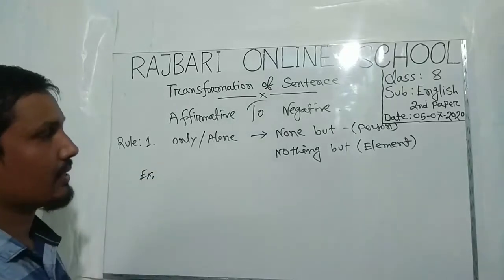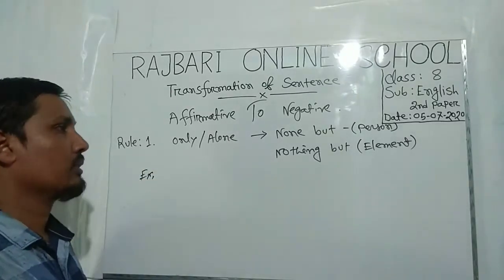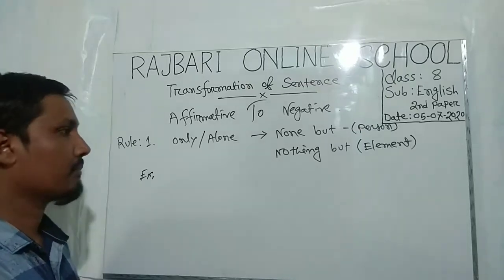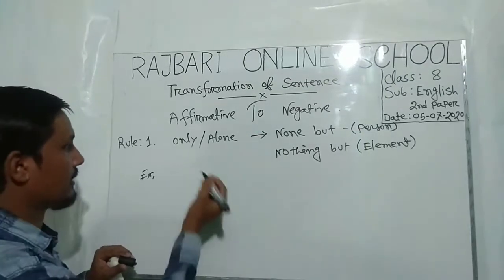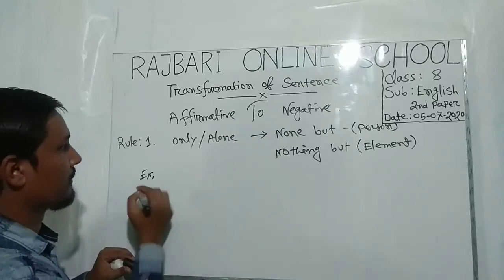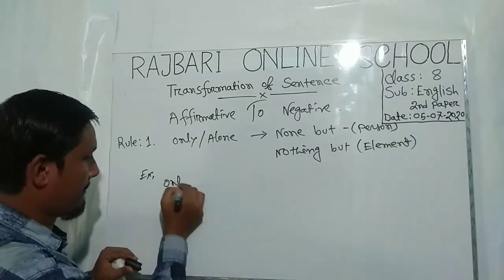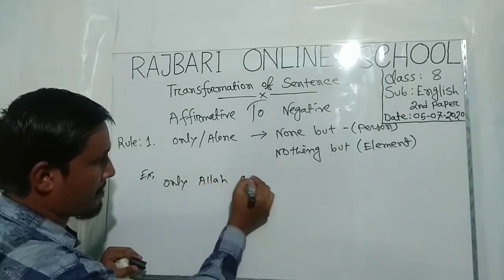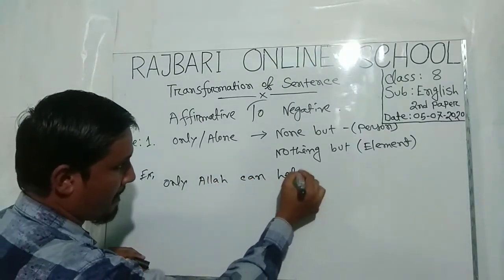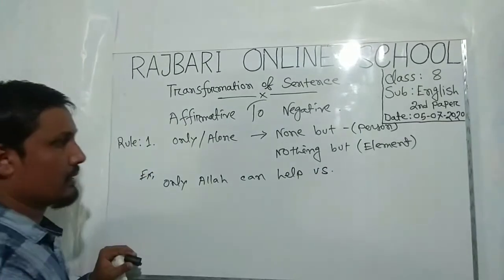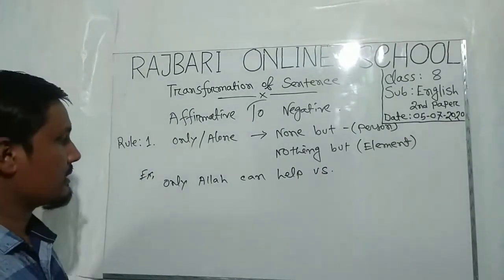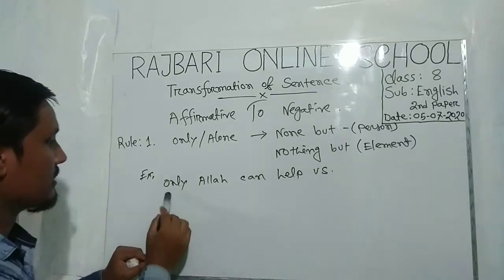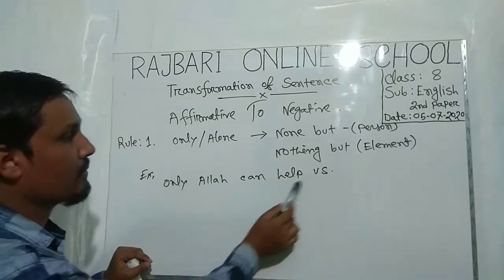If you understand the example very well, I hope you can do well in your exam paper. My dear student, try to understand the example. This is the sentence for you all. Here I have written the sentence: Only Allah can help us.